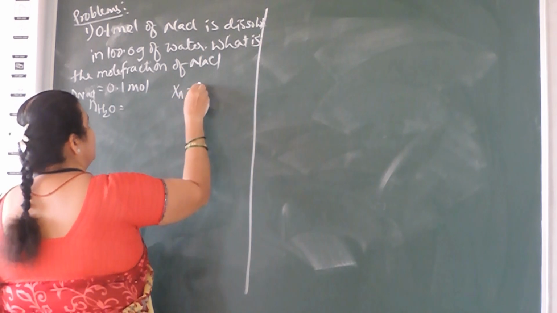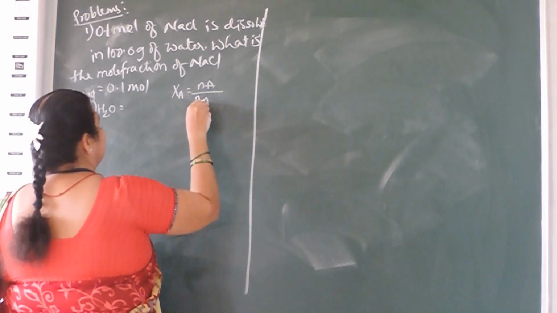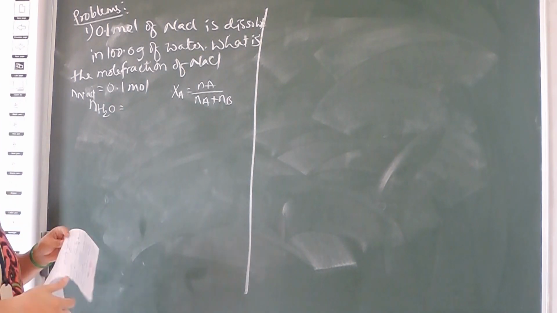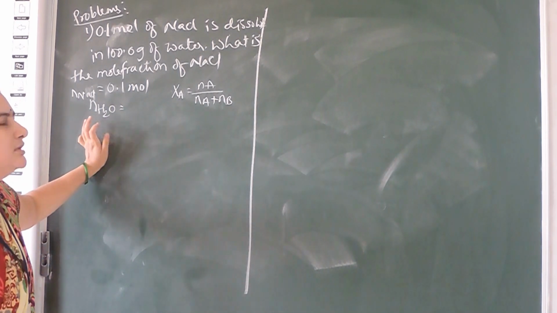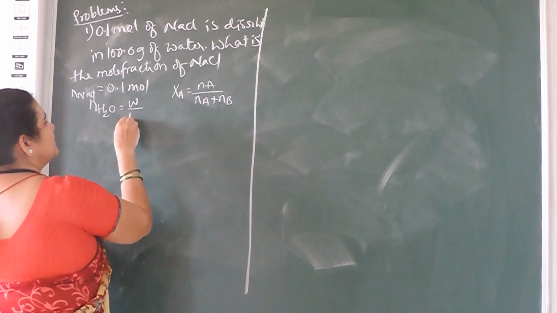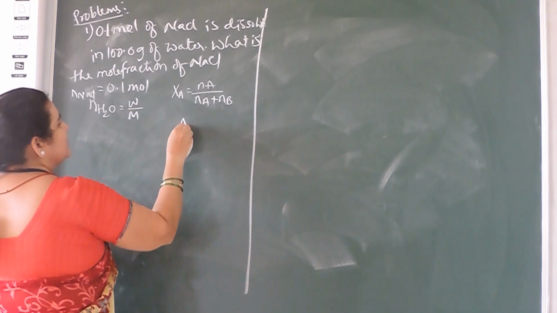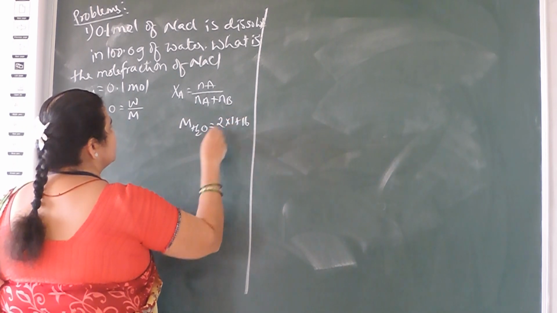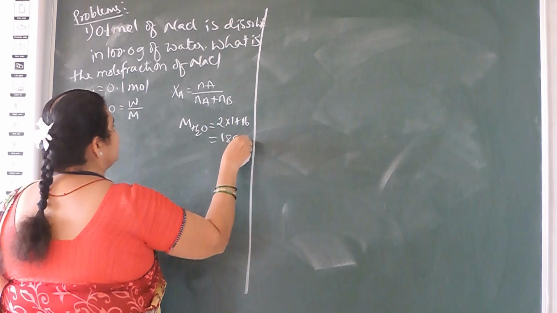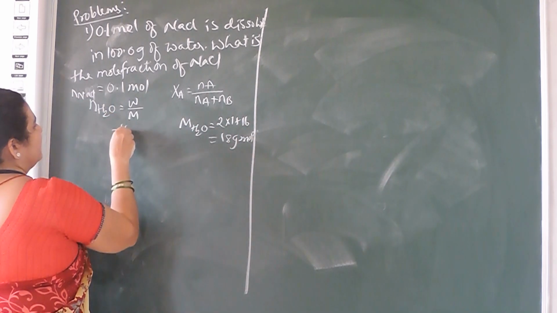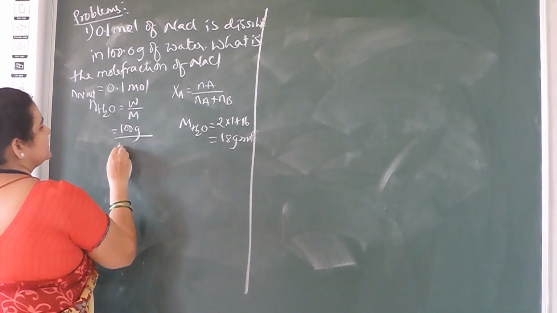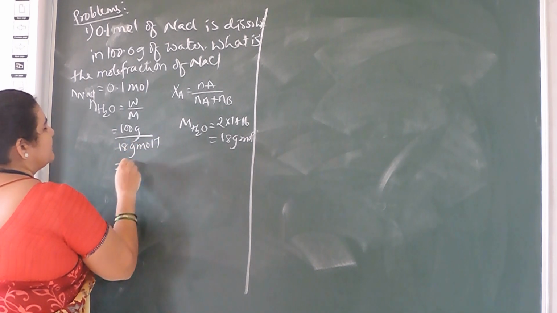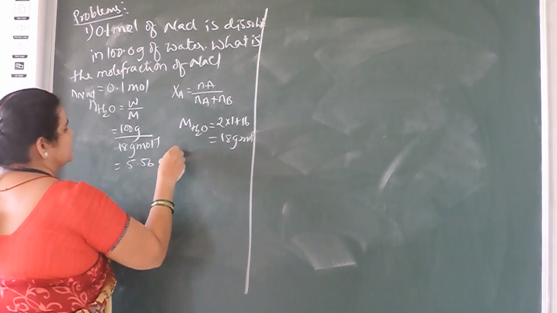Xa is equal to Na divided by Na plus Nb. Now for this I want the number of moles of water also. So for that, number of moles is W divided by capital M. The molar mass of water is equal to 2 into 1 plus 16, that is equal to 18 grams per mole. So the mass is given as 100 grams divided by 18 grams per mole, it will be 5.56 moles.